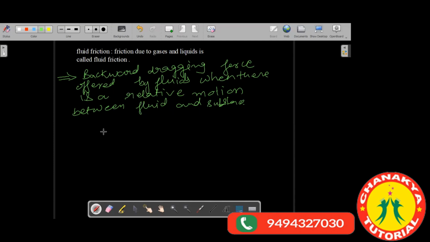We either call it drag or fluid friction. So drag and fluid friction are similar terms.